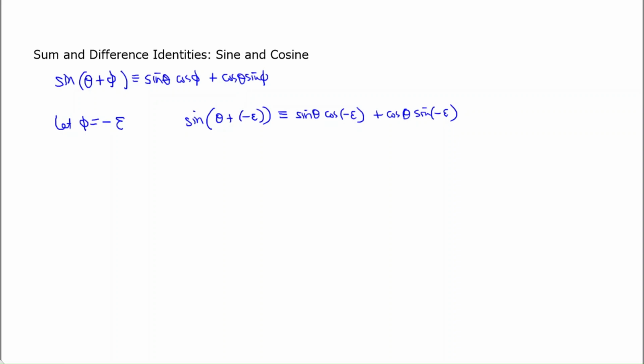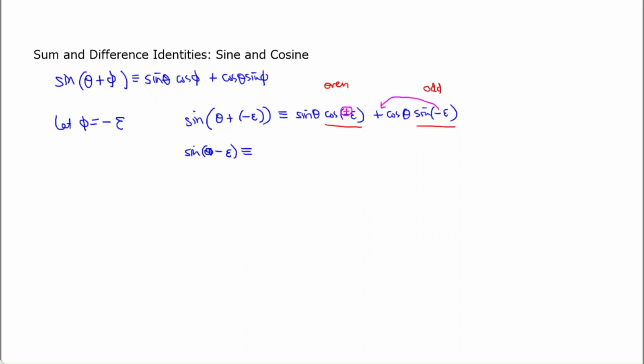Now on the left-hand side, we're just going to write that as theta minus epsilon on the inside. On the right-hand side, once again, you're probably recognizing we can use some even and odd identities. Remember, cosine is an even function, sine is an odd function. So for even functions, this negative just goes away. And for odd functions, the negative can come out front.